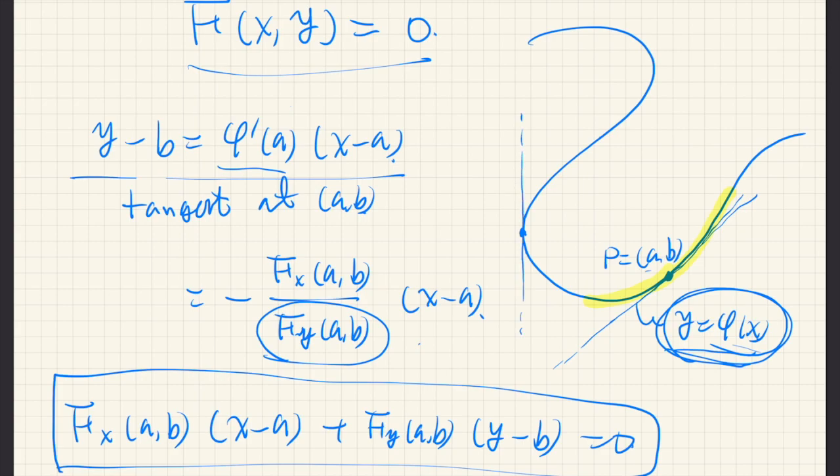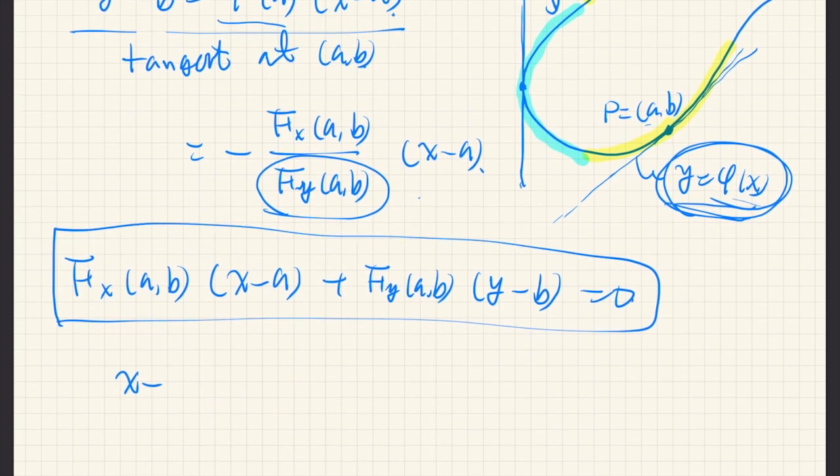So around this point, we may have x equal to phi of y, some function of y.